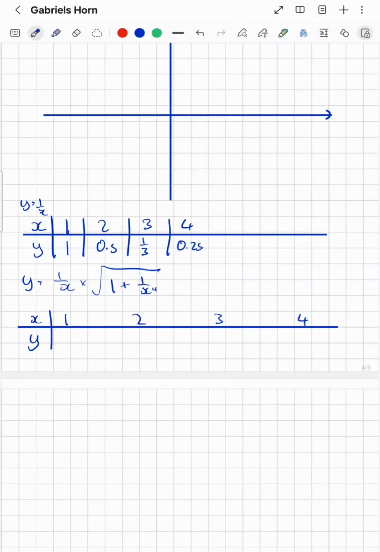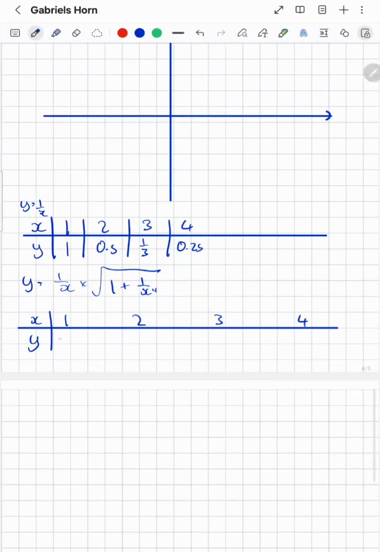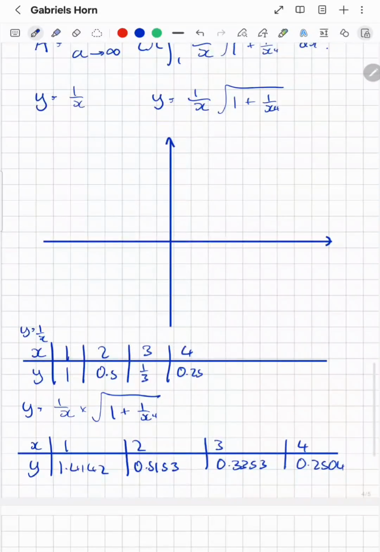So from 1 to 4, it's 1.4142, and then 0.5153, 0.3353, and then 0.2504.